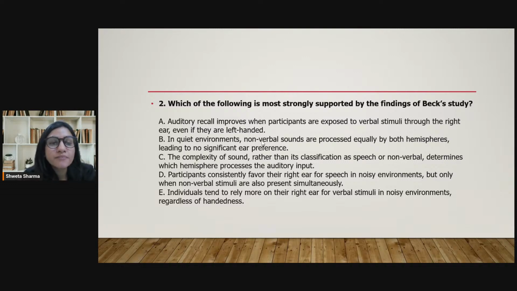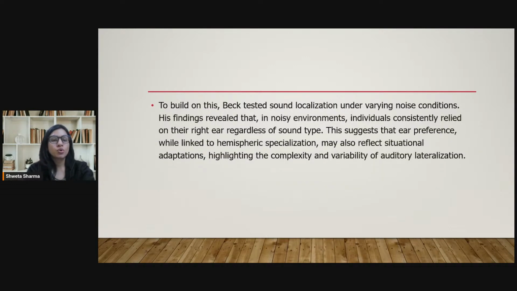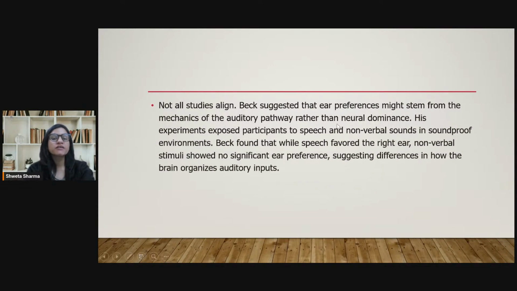Is it B? We're talking about Beck's study. Let me take you back to what Beck said. Beck suggested that ear preference might stem from auditory pathway rather than neural dominance. Okay. And then it says his experiments exposed participants to speech and non-verbal sounds in soundproof environments.